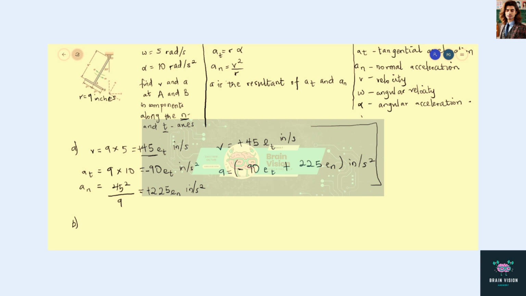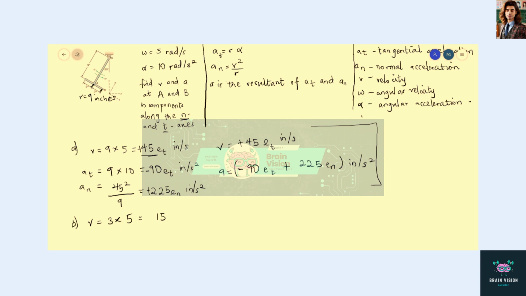The radius here is going to be 3, as you can see, the distance from point A to point B. So v is 3 times the angular velocity, which is 5. That is 15.